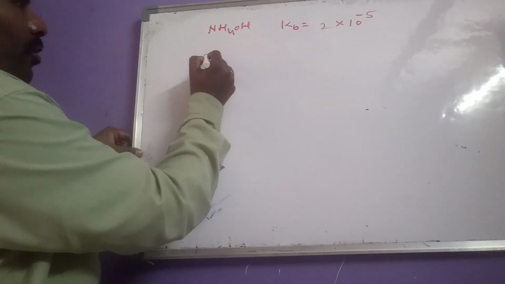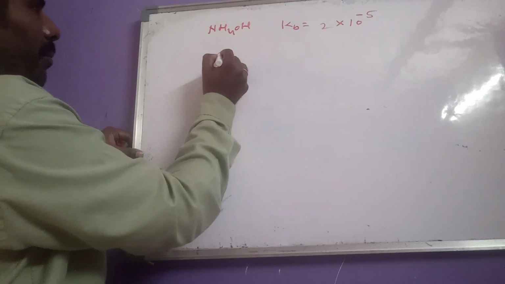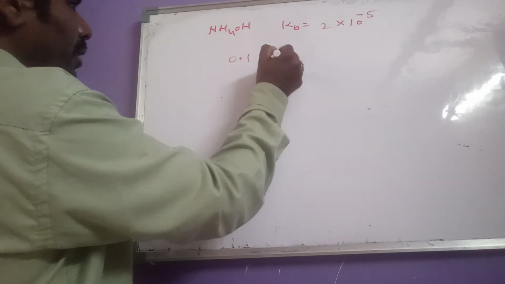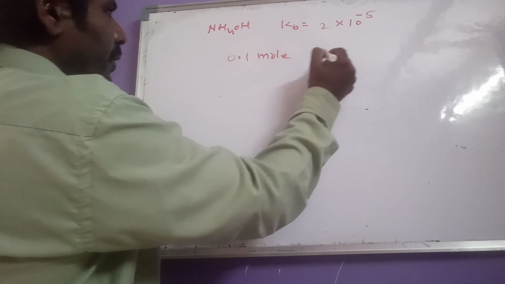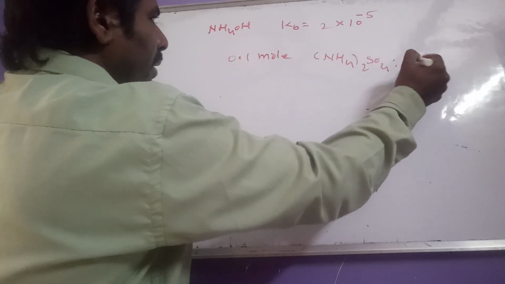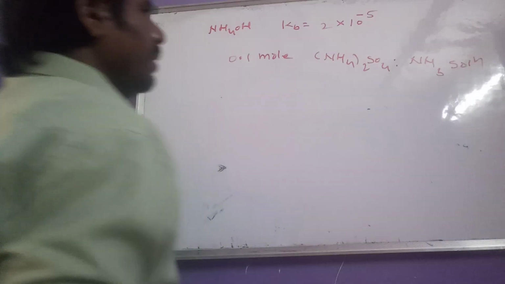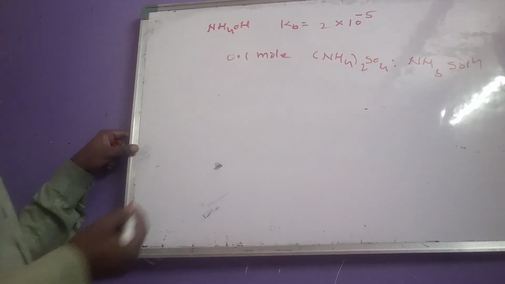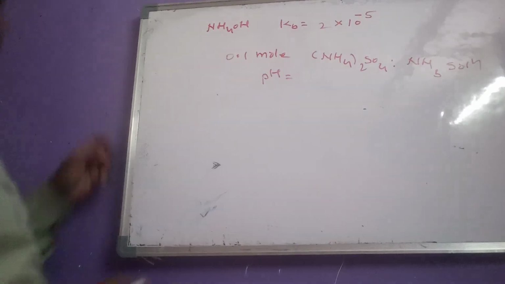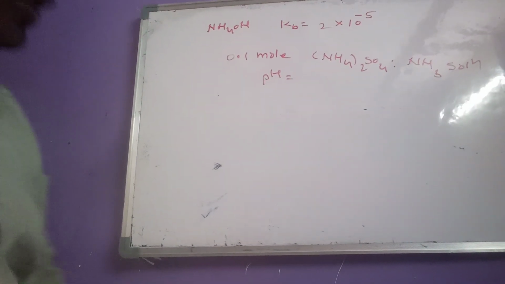And a solution contains 0.1 mole each of ammonium sulfate and NH3 solutions. Now calculate its pH value. So we have to calculate its pH value.